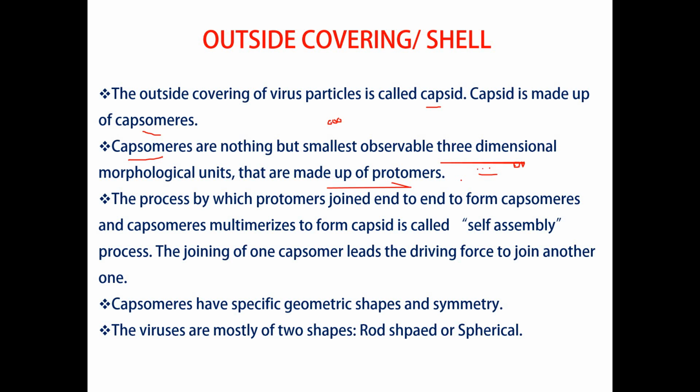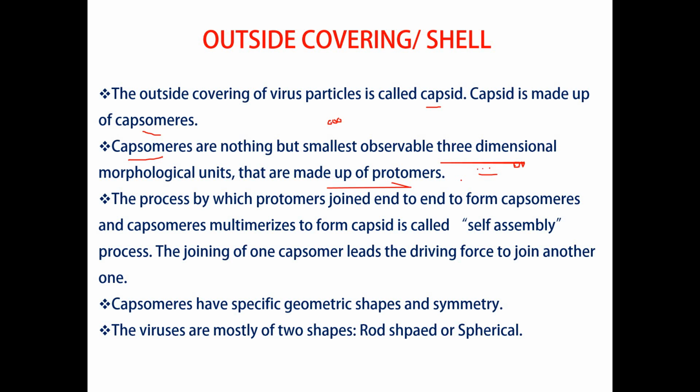So they are self-assembling with one another. They don't require any energy from the outside. When one monomer joins with another monomer, they produce the energy, and that energy leads to the next reaction. So this type of reaction is called self-assembly.